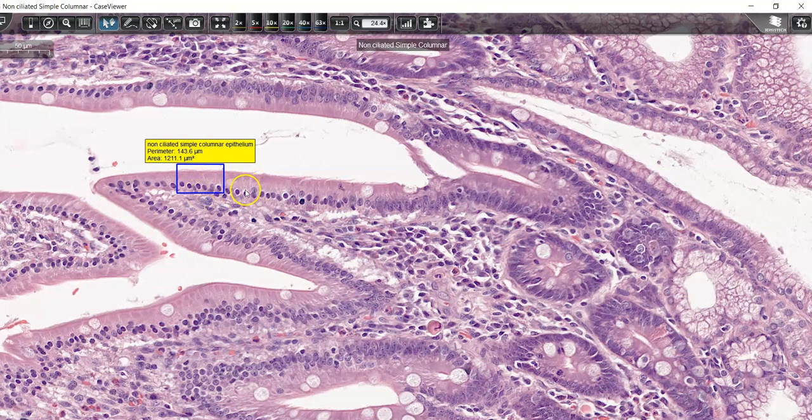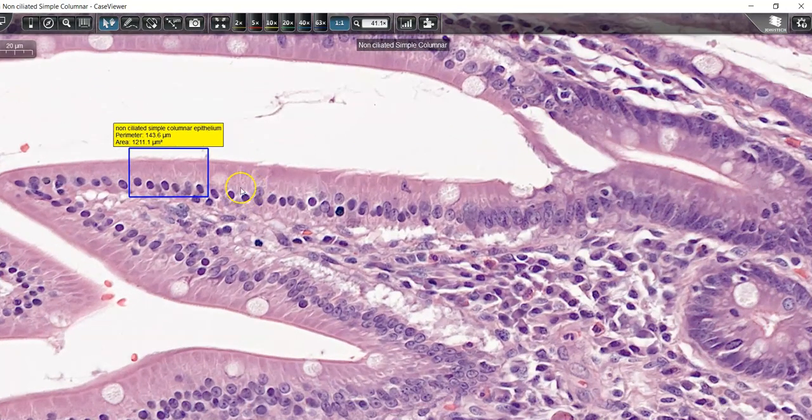The first type of cells, as we can see here at higher magnification, about 40 times magnification, has a single layer of columnar shaped cells with rounded and also sometimes elongated basal nuclei, and also with apical brush border, or also known as microvilli. This is a typical appearance of non-ciliated columnar epithelium.